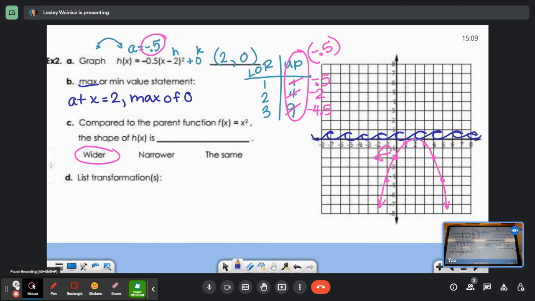Do we have a reflection? Yes. Okay, do we have a vertical stretch or compression? Okay. By how much? 5.5. Good.